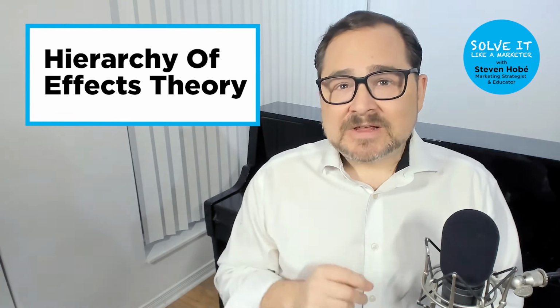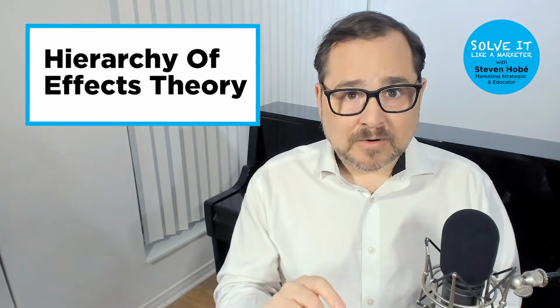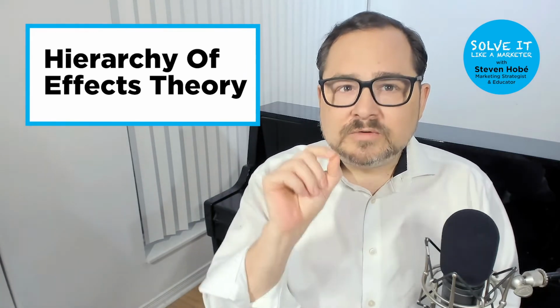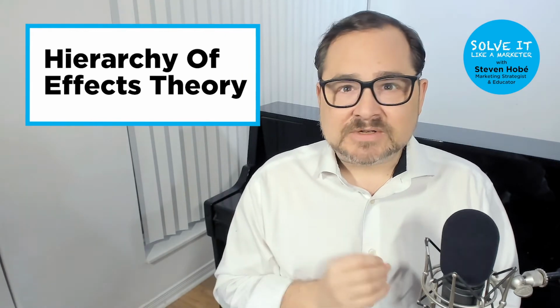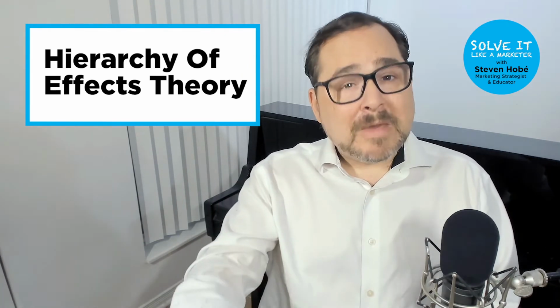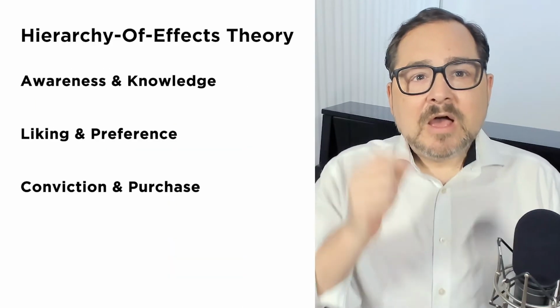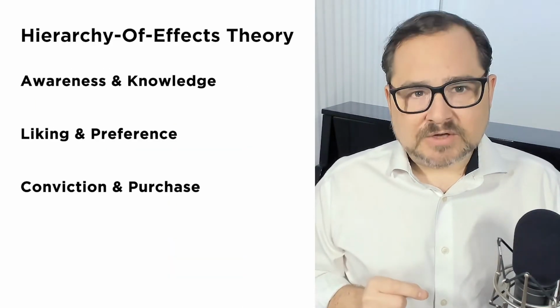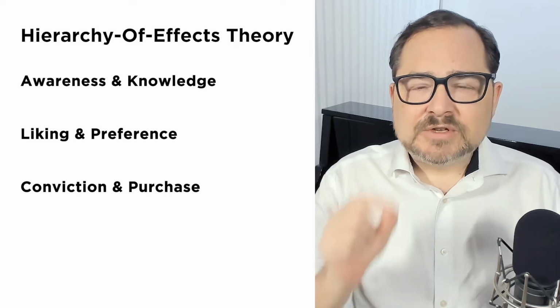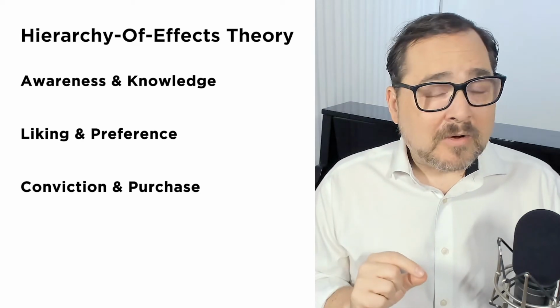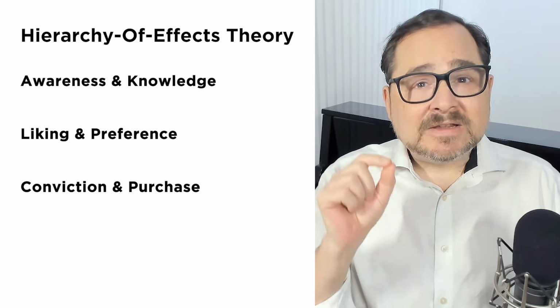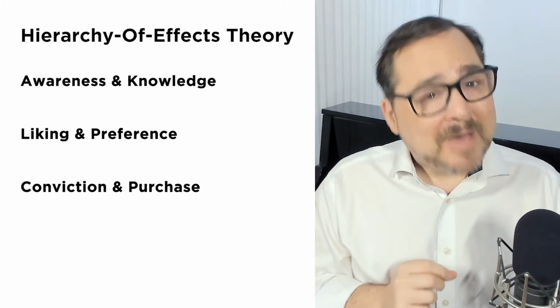So it's expected that a potential consumer will experience and go through these six stages of the hierarchy before they make their final decision. So let's take a closer look. First up, awareness and knowledge. This is when a consumer first becomes aware of the product's existence and is supplied information about it.